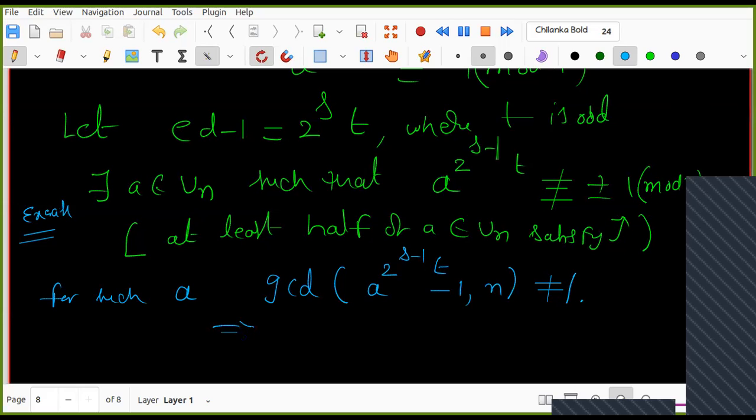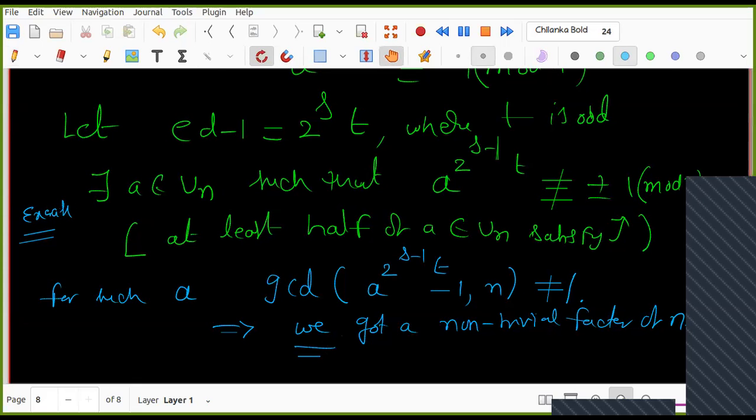So that means we got a non-trivial factor. This is the main crux, actually, an exercise problem.